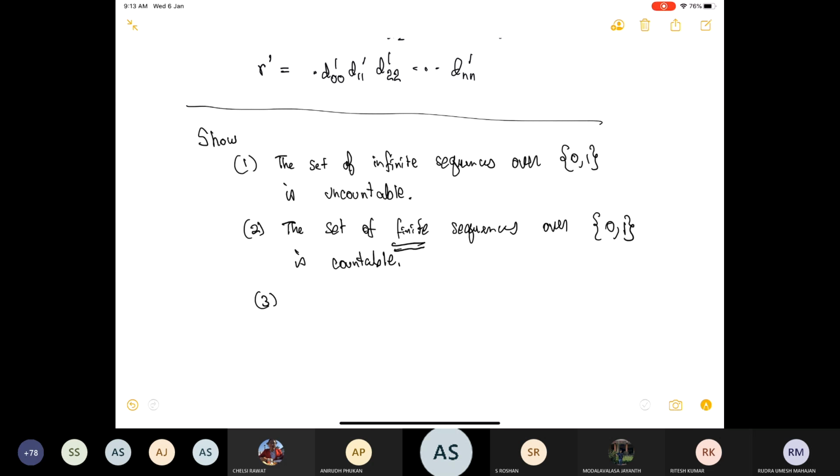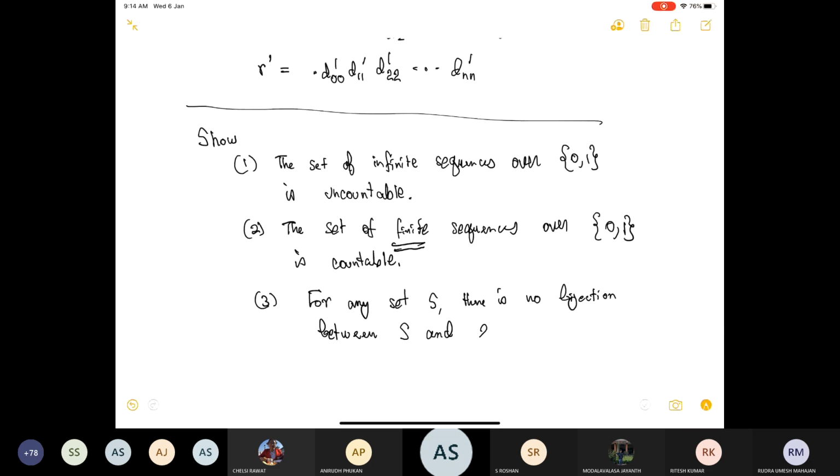You should also be able to show that for any set S, there is no bijection between S and the power set of S, which we write this way.